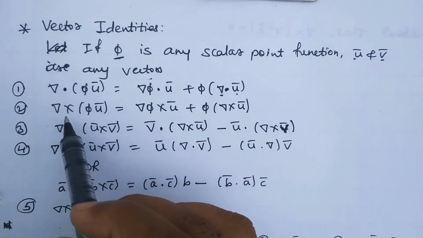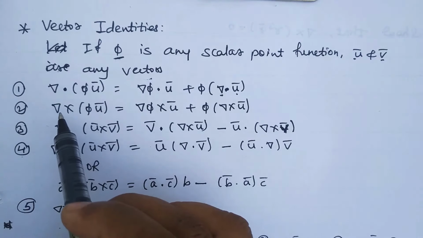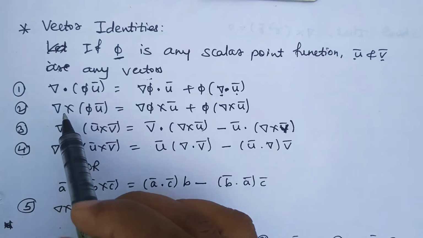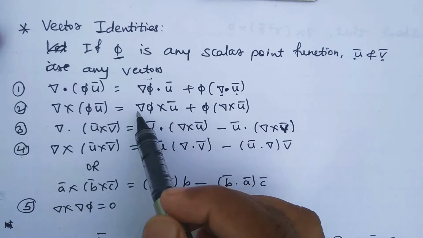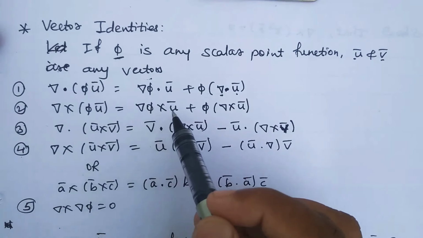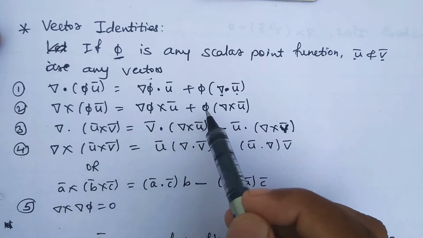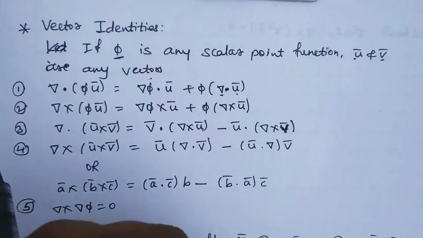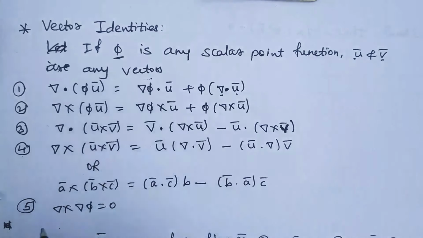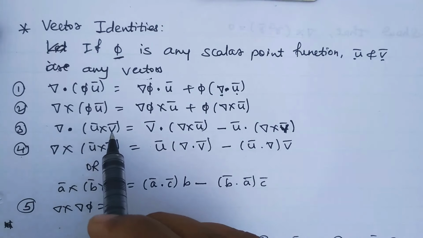Just note down that if there are two vector quantities, the multiplication of these two vector quantities is either a dot product or a cross product. So del cross phi u bar is equal to del phi cross u bar plus phi into bracket del cross u bar.